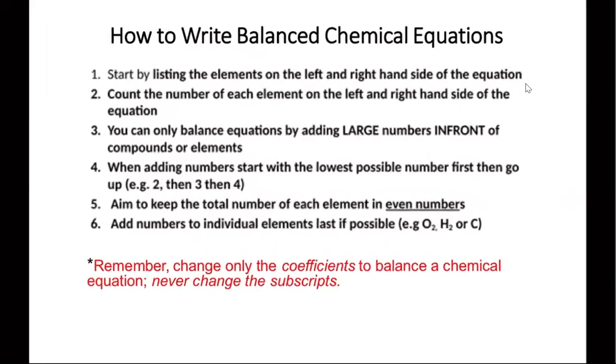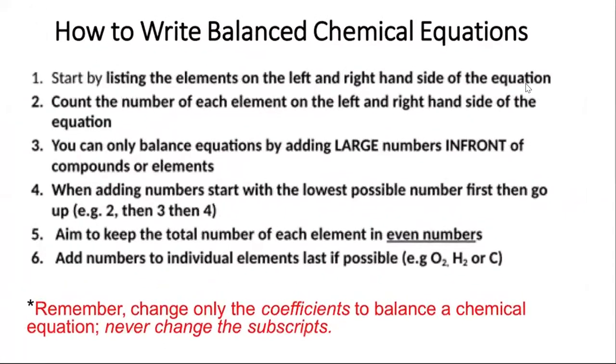So these are going to be some general guidelines to how to write a balanced chemical equation or chemical reaction. First of all, you're going to start by listing the elements on the left and on the right side of the equation. So this is why it's important that you don't forget about naming ionic compounds.